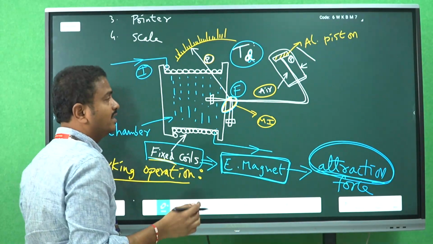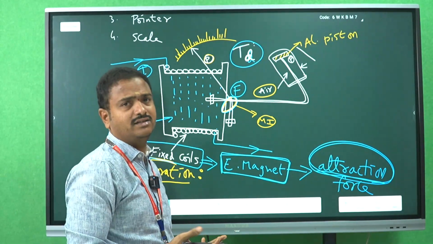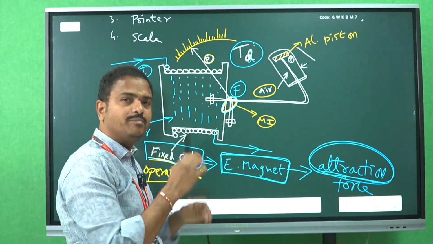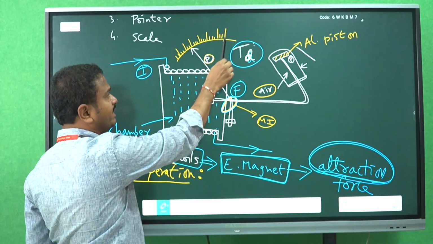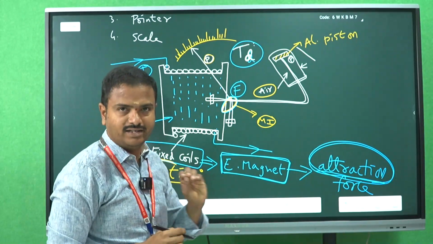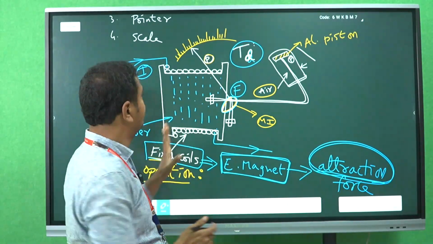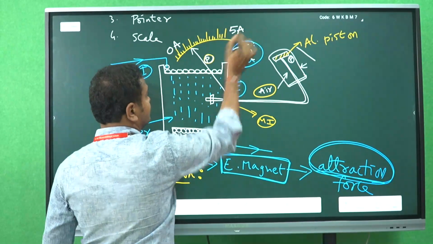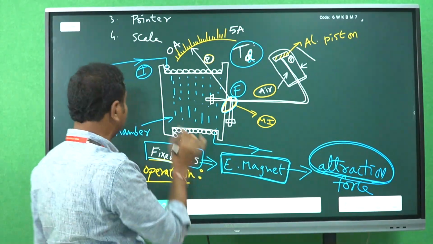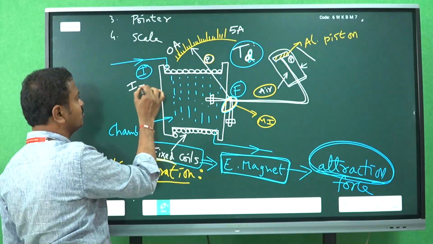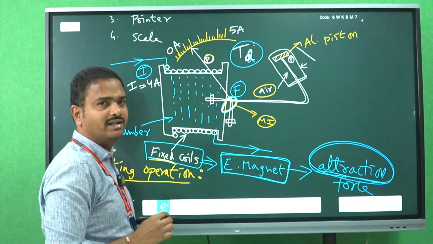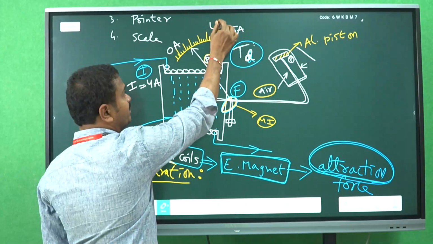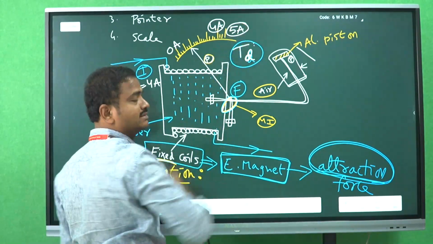So the first one is deflecting torque. Now the second one is controlling torque. What is controlling torque? Controlling torque is required to stop the pointer at the final, accurate value. For example, this ammeter range is from 0 amperes to 5 amperes. Clear? But in our case, if the current value is only 4 amperes, then the pointer should stop at 4 amperes, not 5 amperes.